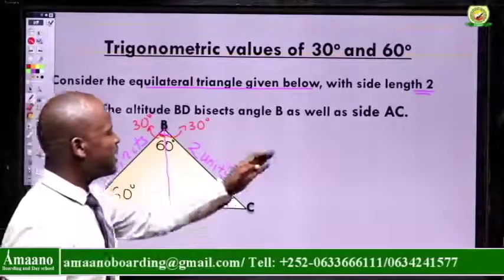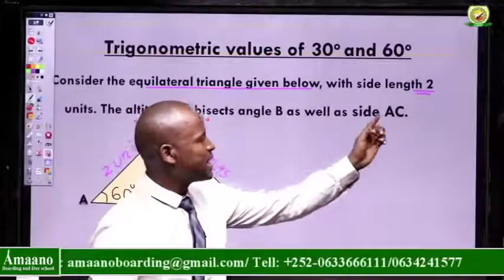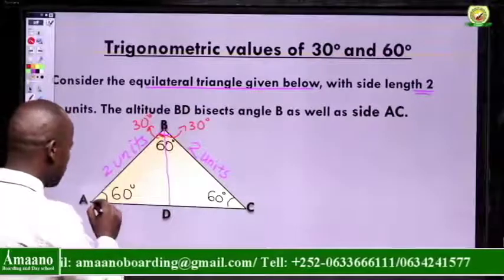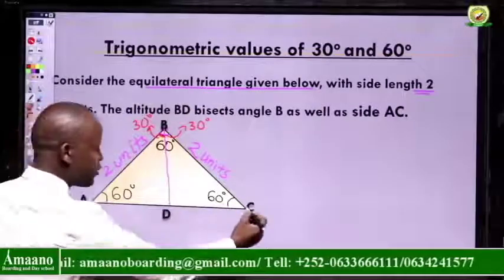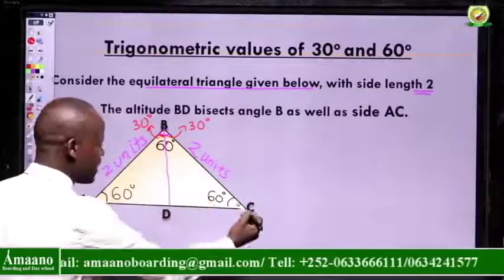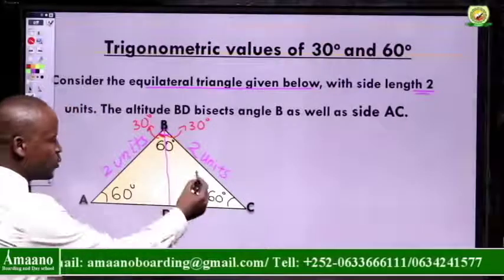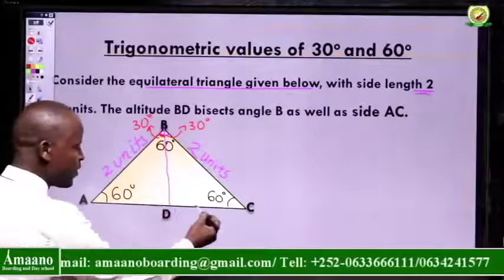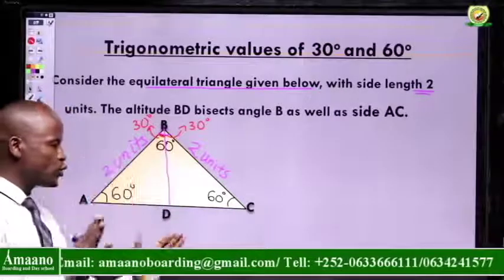And it says it also bisects side AC. Side AC means this side. Previously we were given that one of the sides of this equilateral triangle, AC, is 2 units. Now BD divides AC into 2 equal parts.